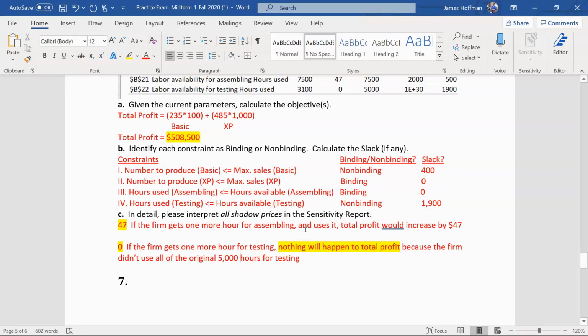Whereas if there's a positive shadow price, that's the effect on the objective. So this one, if the firm gets one more hour for testing, nothing will happen to total profit because the firm didn't use all the original 5,000 hours for testing right here, see?